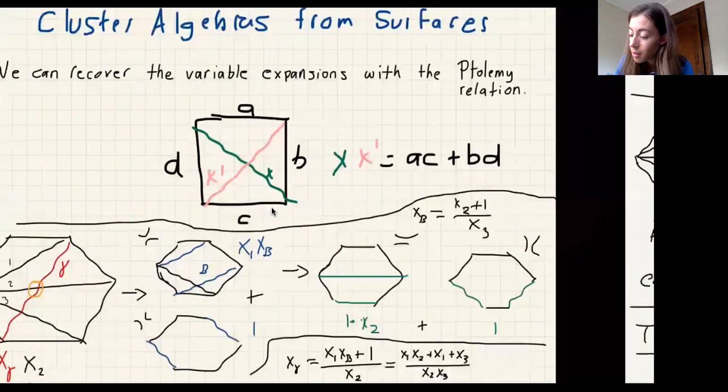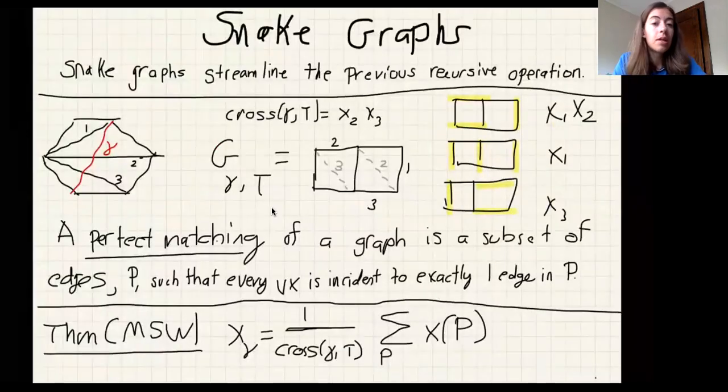Okay. So what snake graphs do is they streamline this process, because this process and cluster mutation in general, this sort of recursive thing, it's not always clear what's going to pop out. So the perk of the snake graph formula, which we're about to explain, is that you know a lot better what these expansions look like.